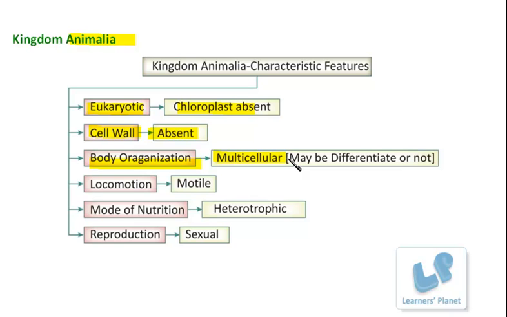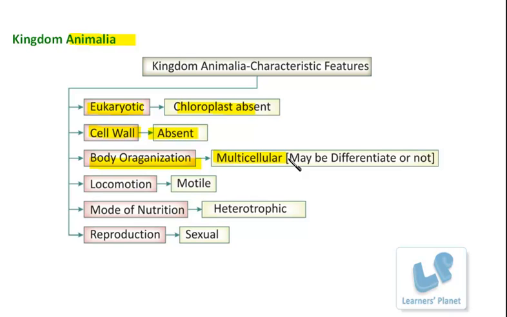Like I can say that in some cases these cells are not differentiated. You know, differentiated into what? Differentiated into tissues. Then tissues together form the organs. Organs will form the organ system. So in different organisms, what type of body organization is there? That is the further basis for the subclassification.